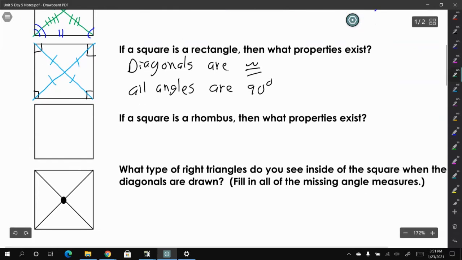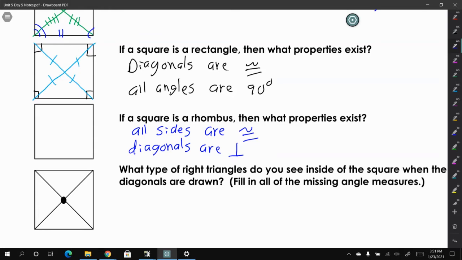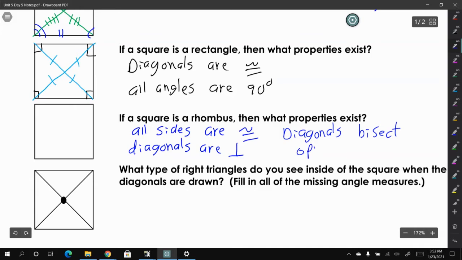Now, if a square is a rhombus, what properties exist? So we have three properties here to write down. All sides are congruent. The diagonals are perpendicular, so they form a right angle. And the diagonals bisect opposite angles.